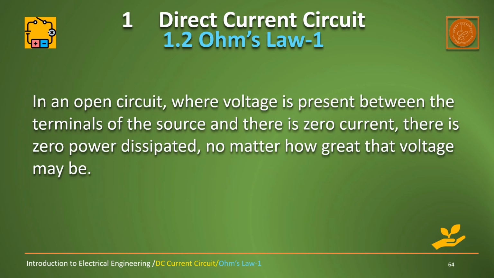In an open circuit, where voltage is present between the terminals of the source, and there is zero current, there is zero power dissipated, no matter how great that voltage may be.